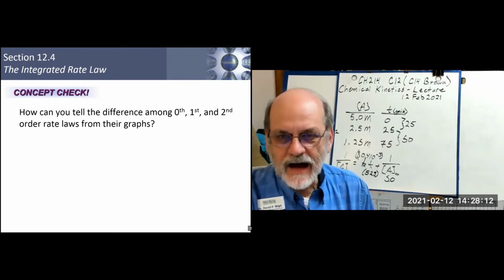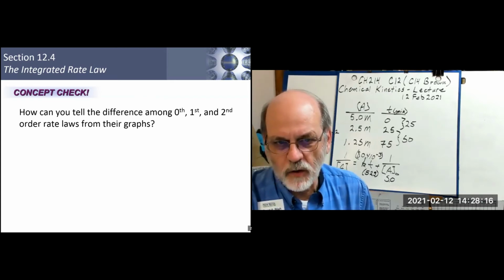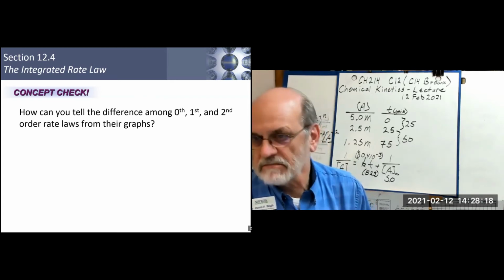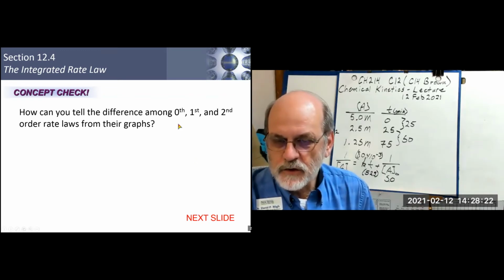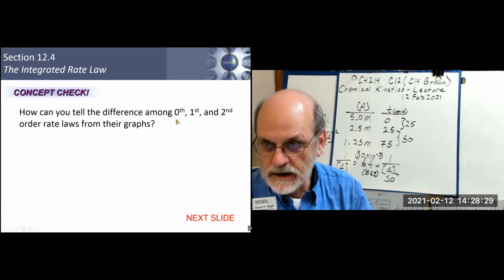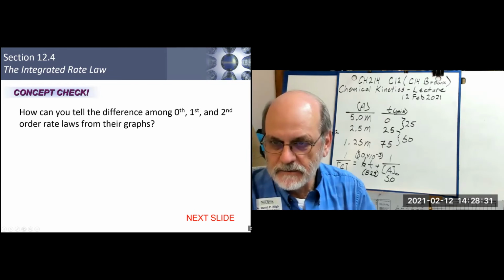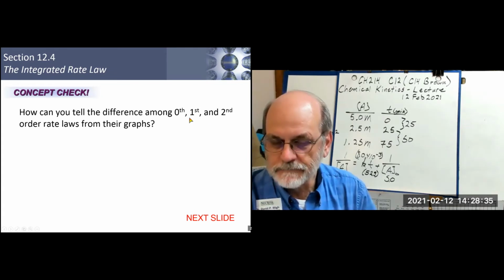Okay, how can you tell the difference among zero, first, and second order rate laws from their graphs? I mentioned that earlier. If you graph the raw data, and it's a straight line with a negative slope, it's zero order, automatic. And the other two will be curves.